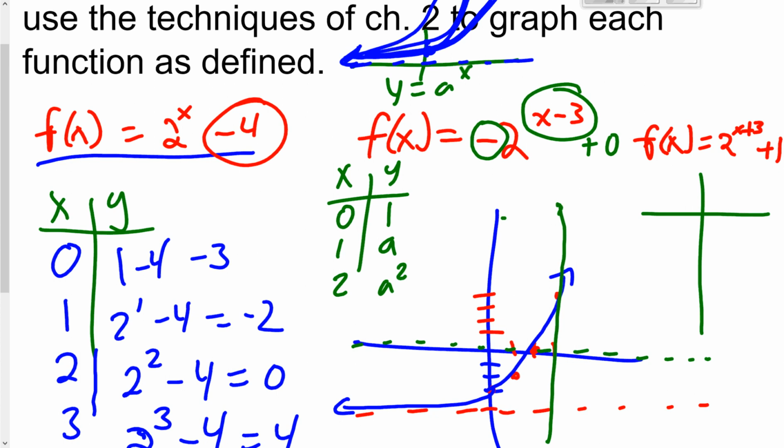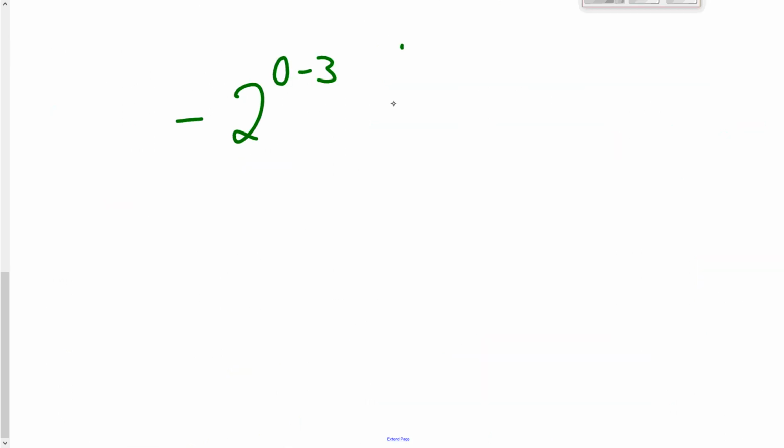So let's go ahead and plug in 0. Which changes a little bit, right? Because it's minus 3, so it's negative 2 raised to the 0 minus 3. Well, 0 minus 3 is negative 3, right? So we got negative 2 raised to the negative 3.